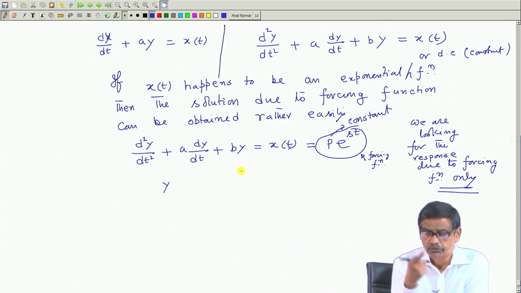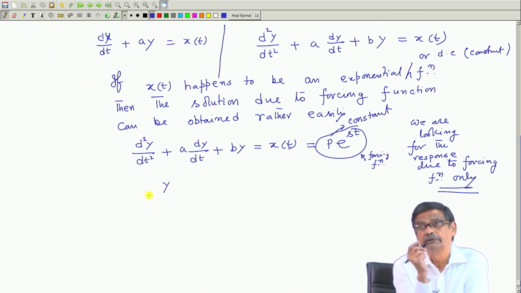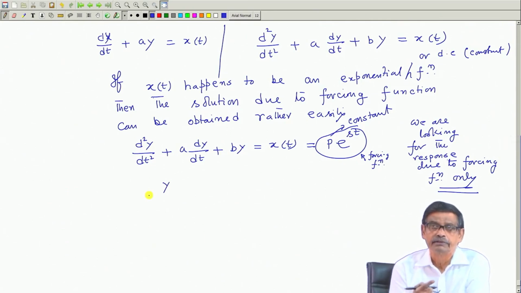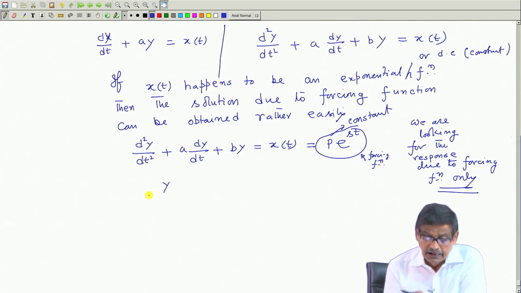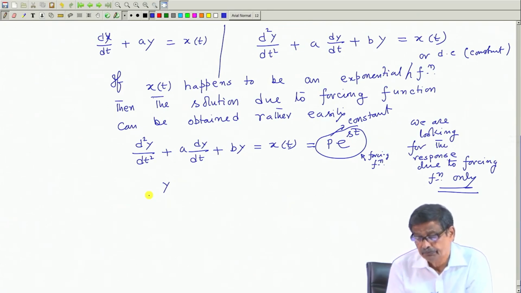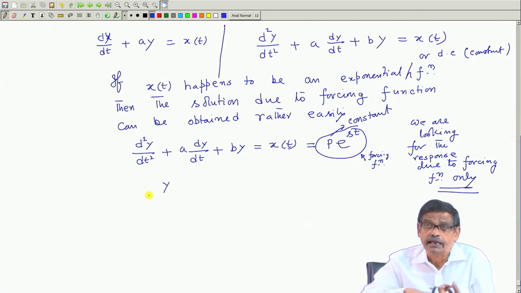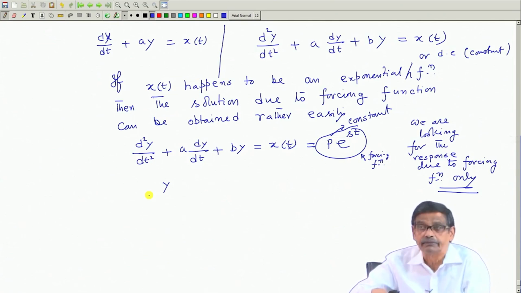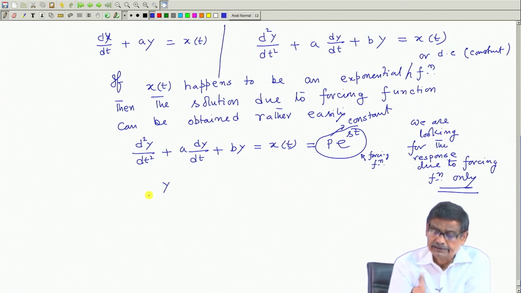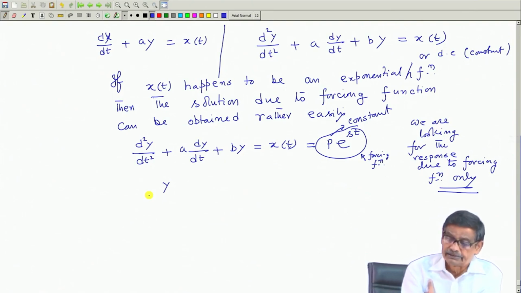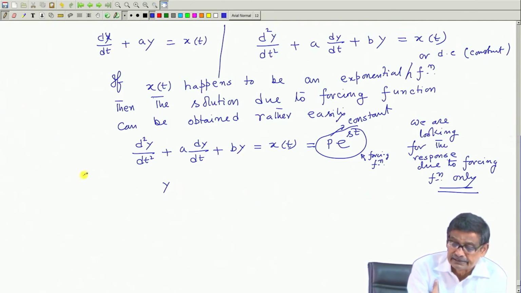The answer is yes, you have to look for such a function y whose form does not change when you differentiate it. Then only these three terms will conspire and always give you this term. That is the nature of the solution by guessing.